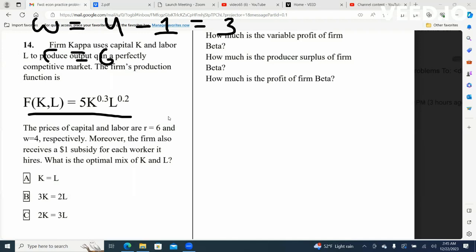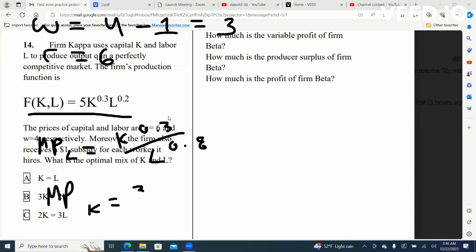R, of course, is going to be 6. So we go ahead and do the marginal product of labor, which is K to the 0.3 over L to the 0.8. The marginal product of capital is 3/2 L to the 0.2, K to the 0.7.